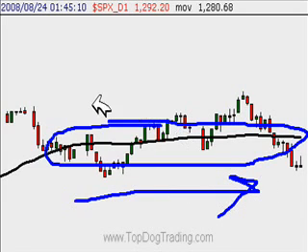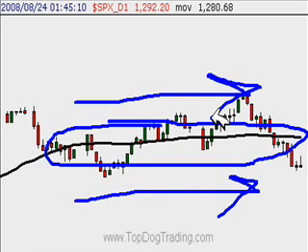And that is a great clue. It's telling you that there is no long-term trend. So therefore, even though you get these little uptrends, little downtrends, that's not very good for trading. And what we want is to catch the big moves in the market.